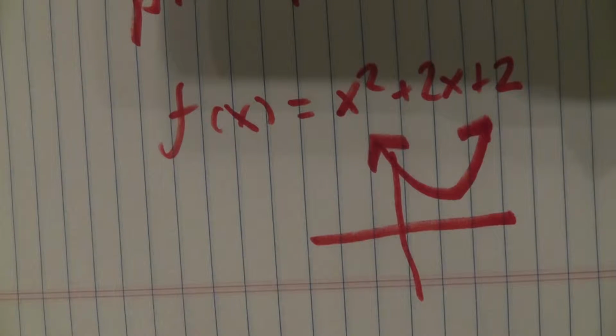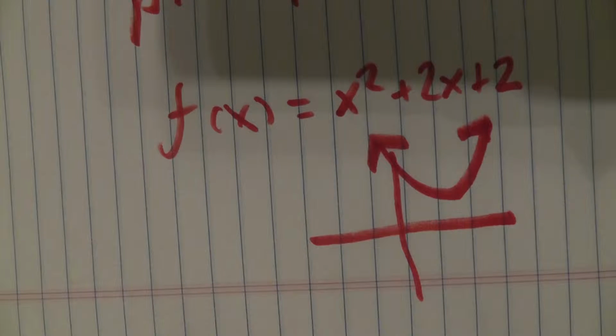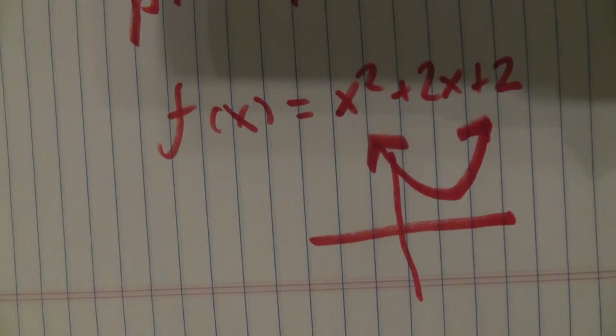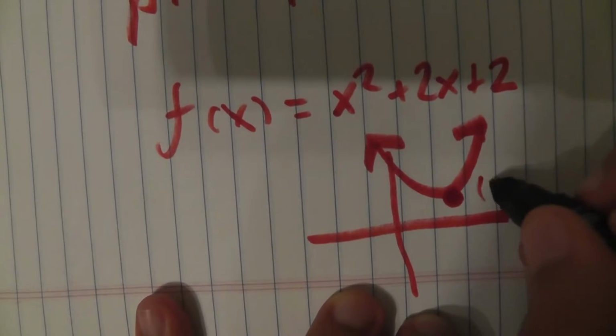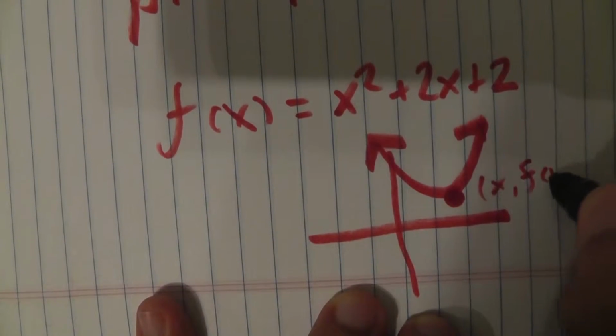Now let's say that, okay, graphing all of the particular slopes of the tangent lines is too tedious for us. How about we just imagine a point at x, f of x.